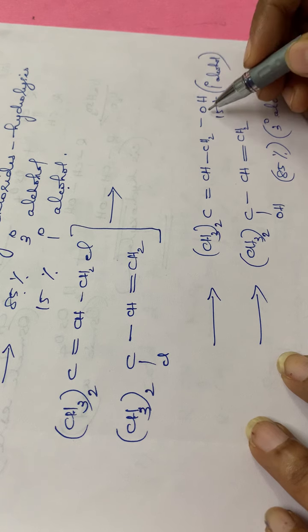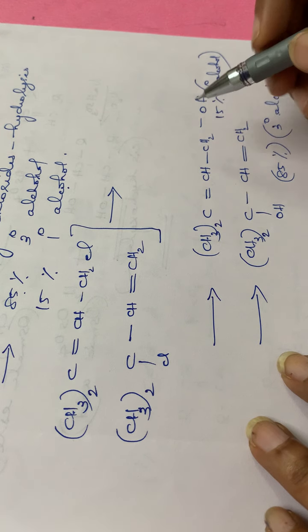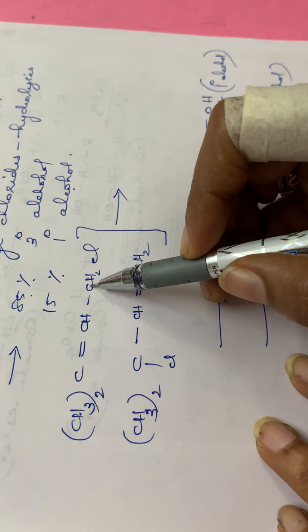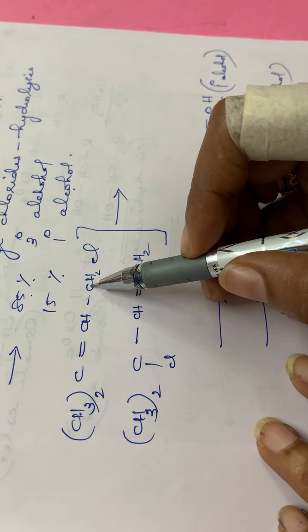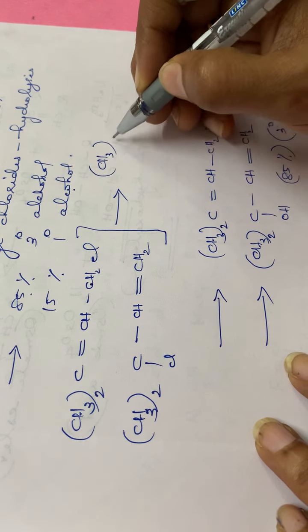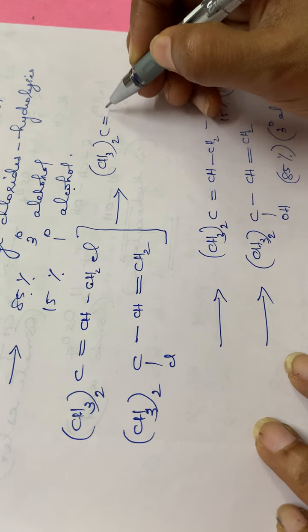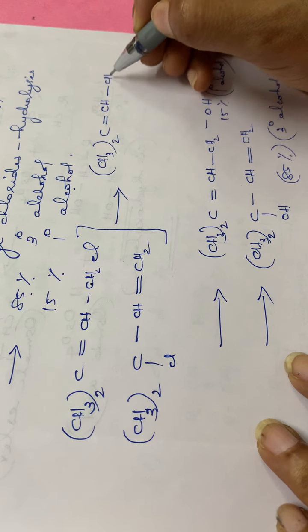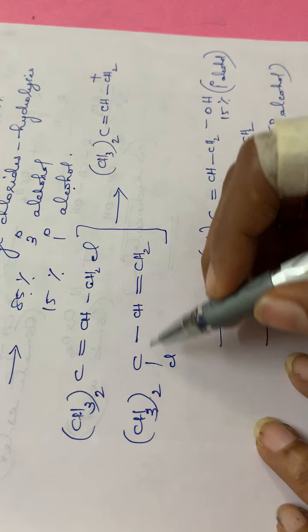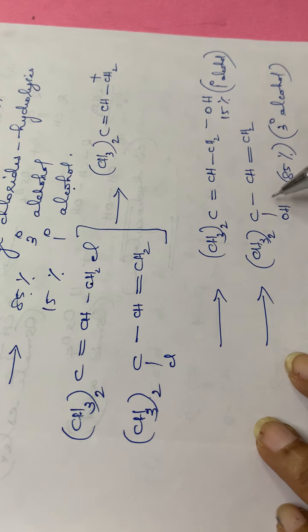So in the first case, if this has to occur, what happens? This Cl minus should be eliminated and therefore we will be having CH2 plus, isn't it? That will be the intermediate in the first case, that is (CH3)2C=CH-CH2 plus. So this can be one intermediate. And in the second case, what will be the intermediate? The product is C-OH.